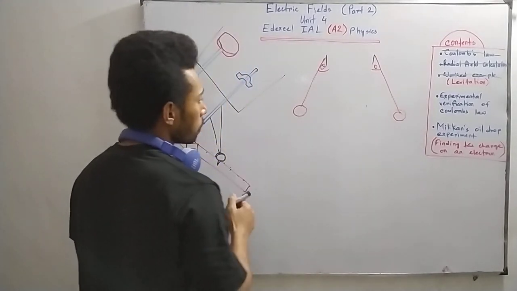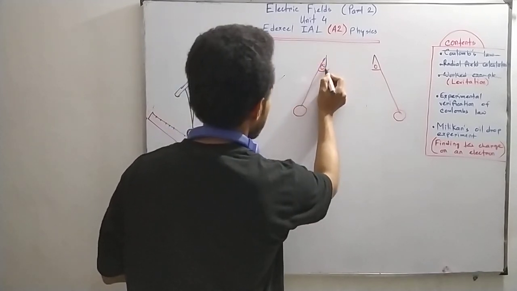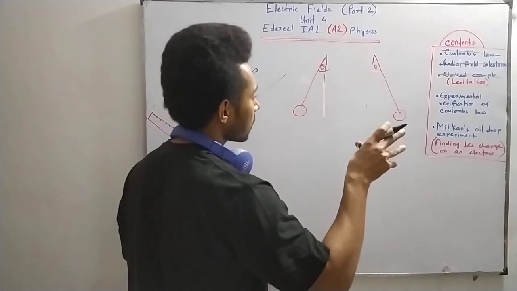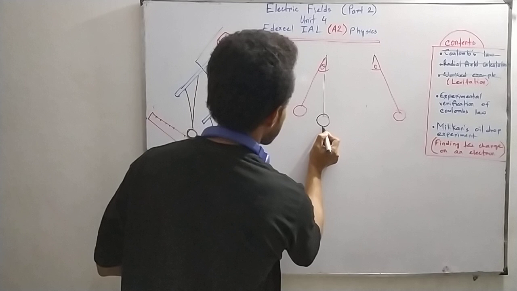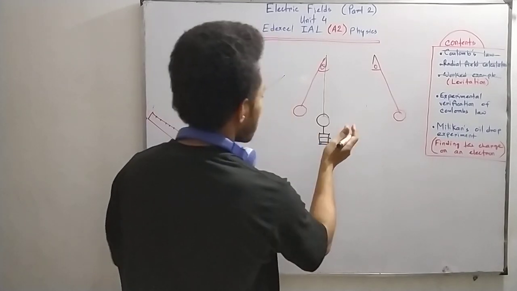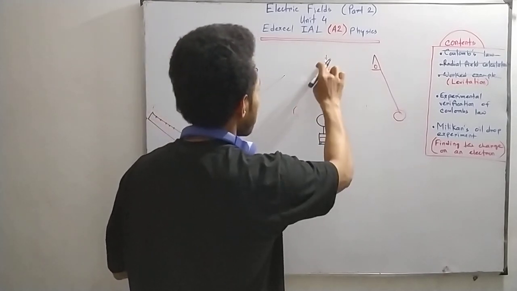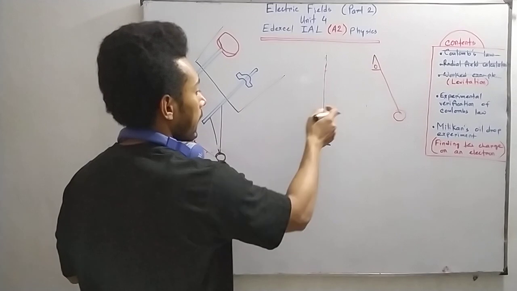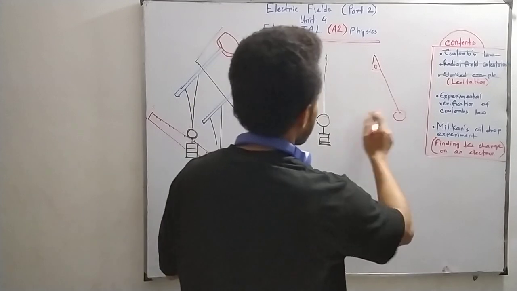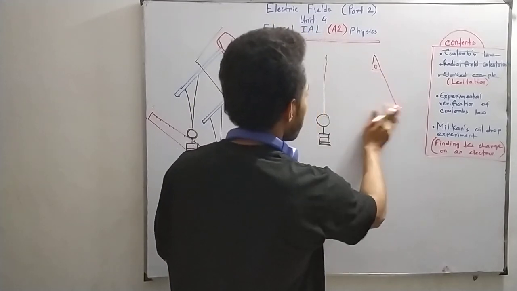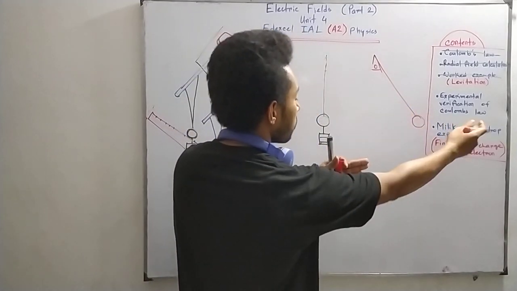But if you have loaded this one, then the force will not be enough for it to move, since it is loaded. The force is not enough to move this loaded, heavy sphere, so this will be in equilibrium, at the position it was before the other was brought near, and the lighter sphere will be repelled, moving in this direction.